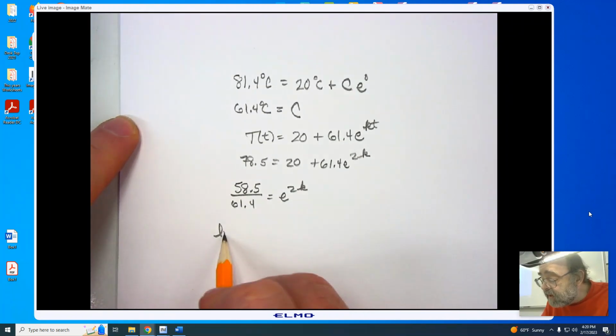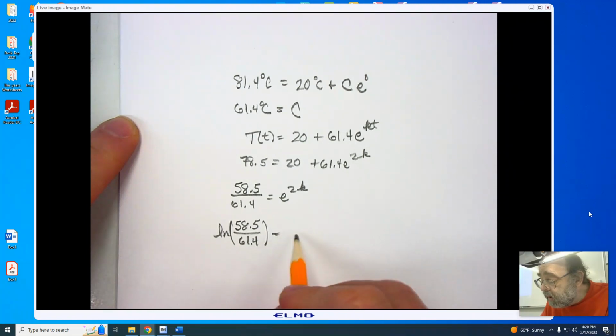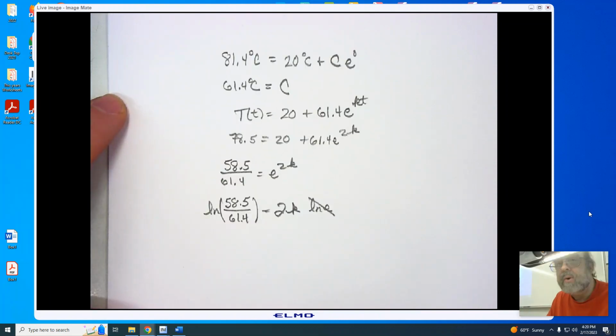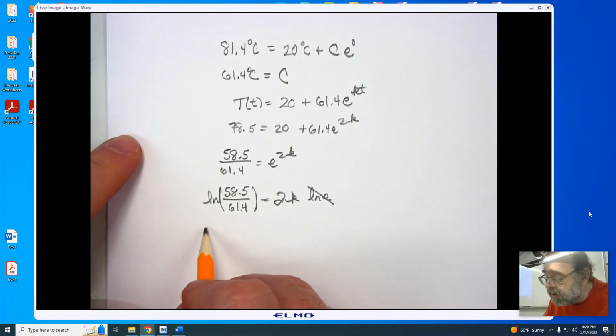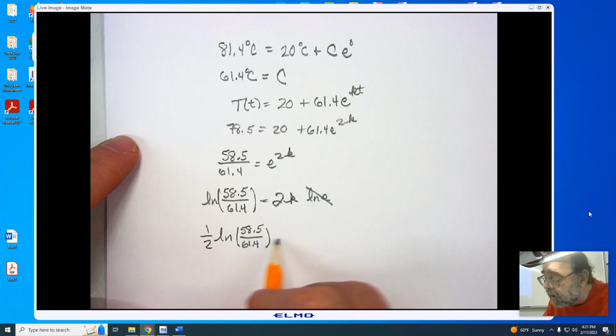I can then take the natural log on both sides. Equaling the natural log forces the 2k in front, and the natural log of e is simply 1 and goes away, leaving me to take 1/2 of the natural log of 58.5 divided by 61.4.